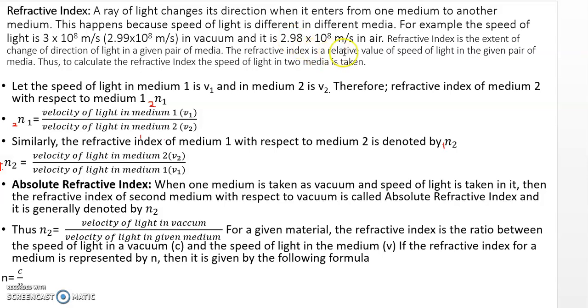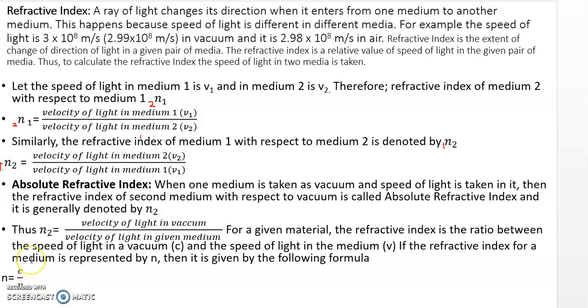So the refractive index is the relative value of the speed of light in the given pair of media. In general, for a given material, the refractive index is the ratio between the speed of light in vacuum and the speed of light in the medium, v. If the refractive index is represented by n, then this is the given formula.